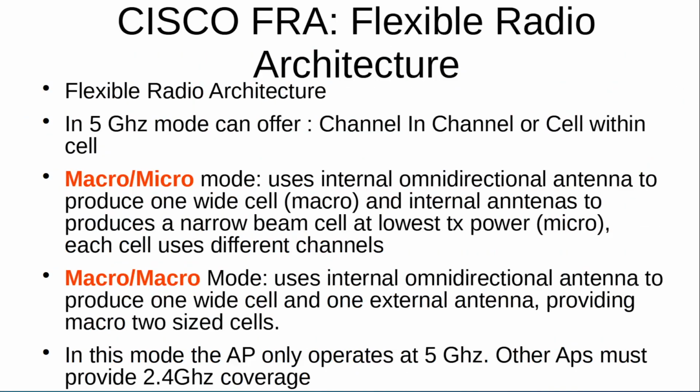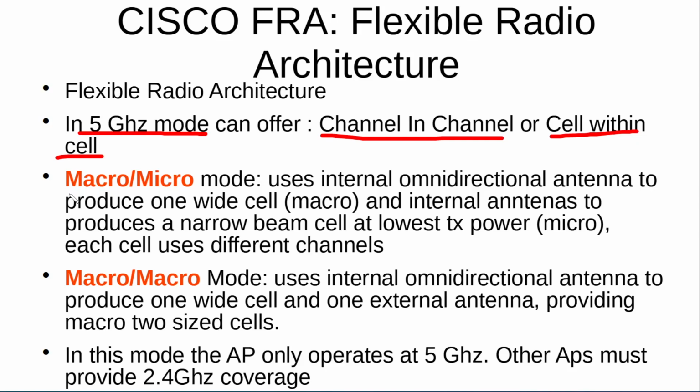You can also use the Cisco flexible radio architecture that consists of access points that have 2 antennas. If you set them into this 5 GHz mode, they can offer channel in channel or cell within cell features.